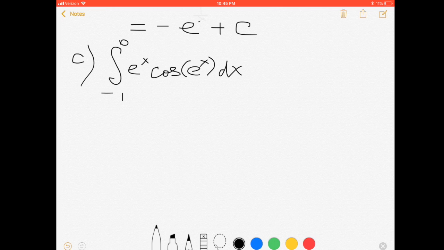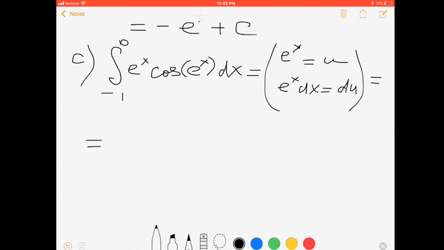Simple substitution: u will be e to the x, and e to the x dx will be du.